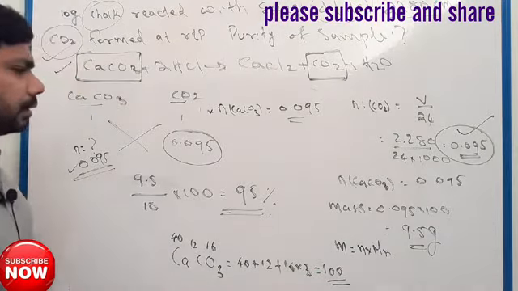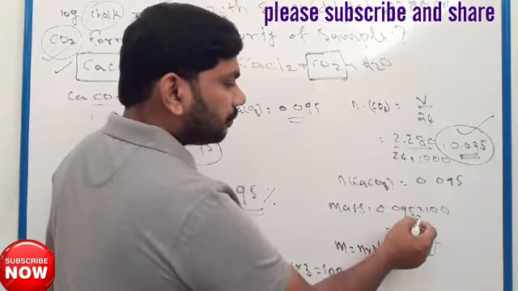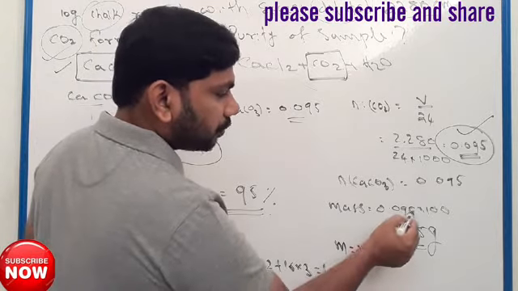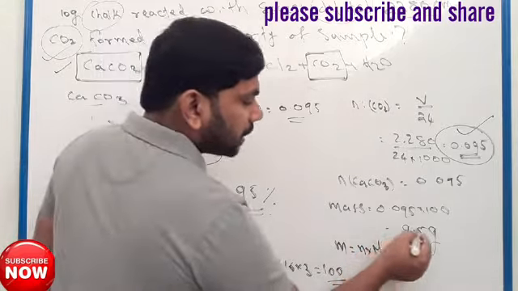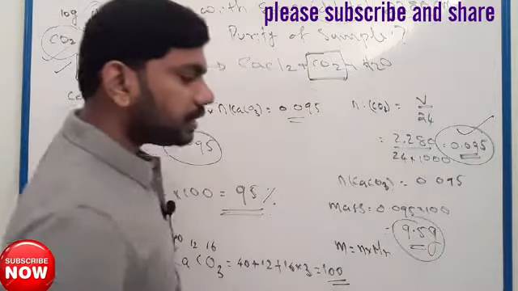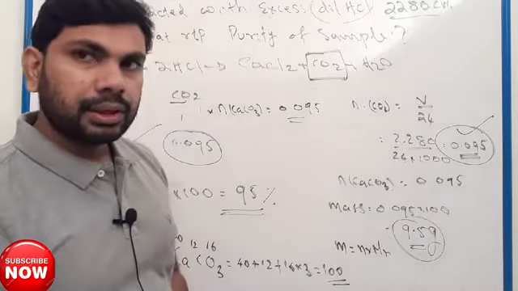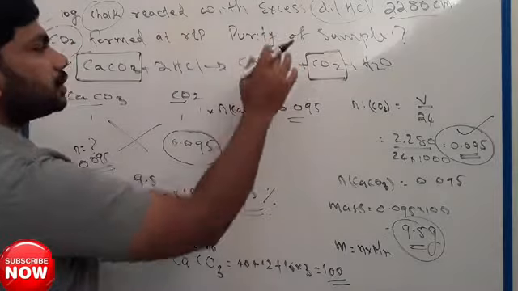Clear? Now here, 0.095 times 100. Here the number of moles is 0.095, relative molecular mass 100. So the mass of pure calcium carbonate will be 9.5 gram. Okay, so we have to find the percentage purity.